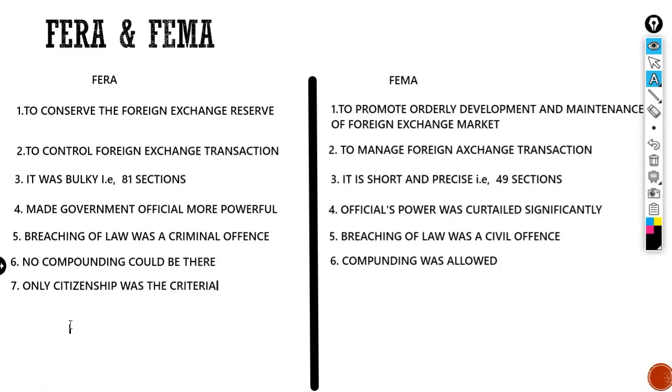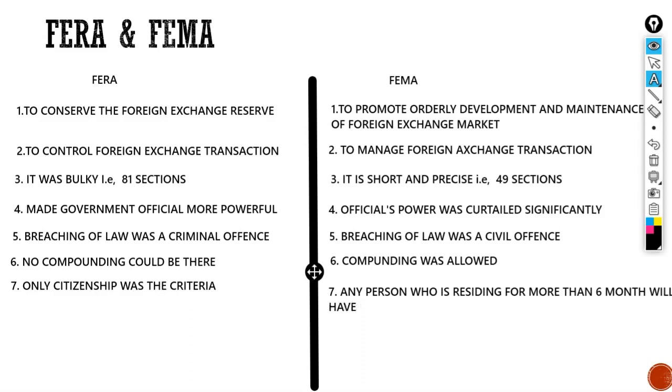So if you were a citizen of India, you would be given your residential status. However, in FEMA, any person who is residing for more than 6 months will have the residential status.